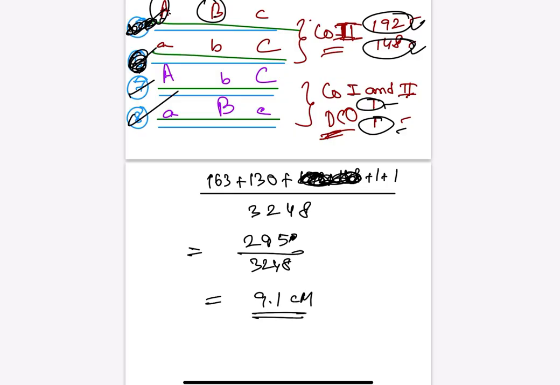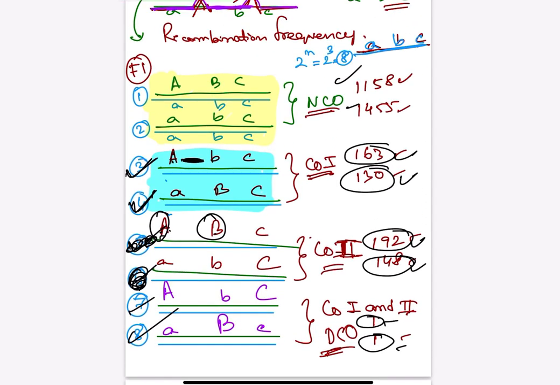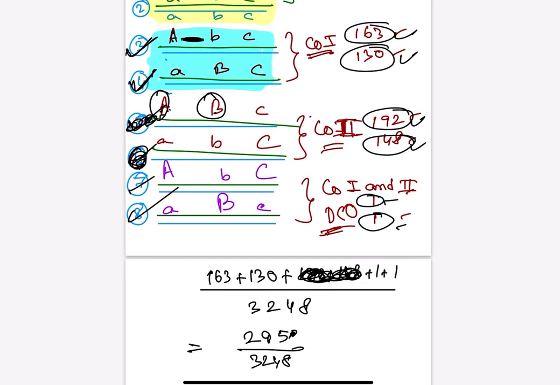Okay. So again, what is the recombination frequency between B and C, that means how many times this is inverted. Now you will take this one. You see this observation 192, and so if you see 3 and 5 and 6, capital B small c and small b capital C, also DCO.